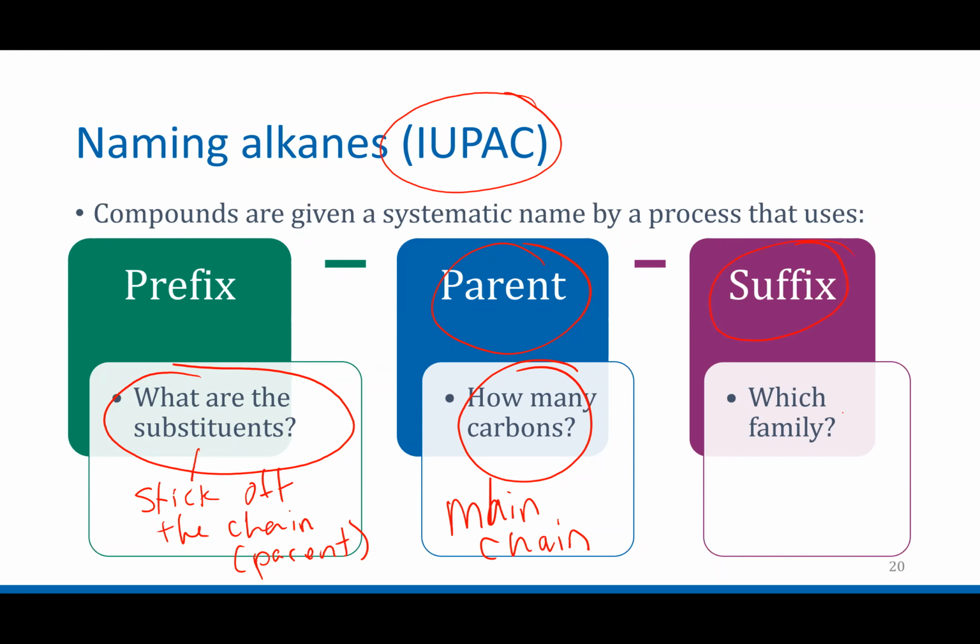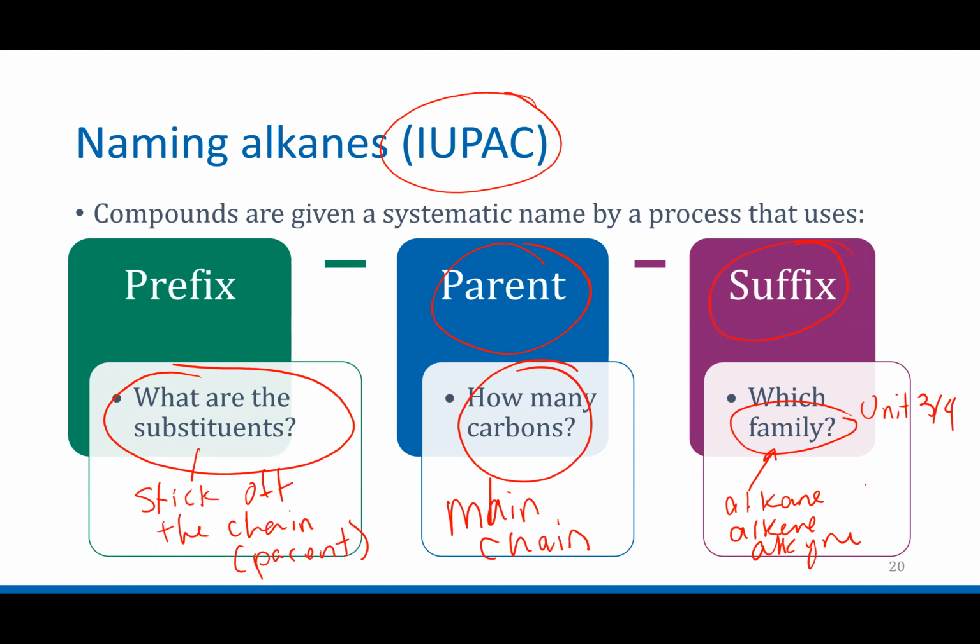And then the suffix is the family. We'll see more of this in unit 3 and 4. The family are like alkane, alkene, alkyne. And at the end of this course, the suffix, the family, will evolve into things like carboxylic acids, alcohols, ketones.